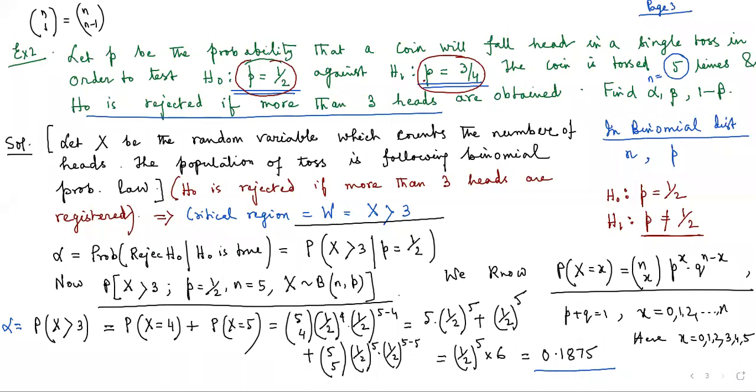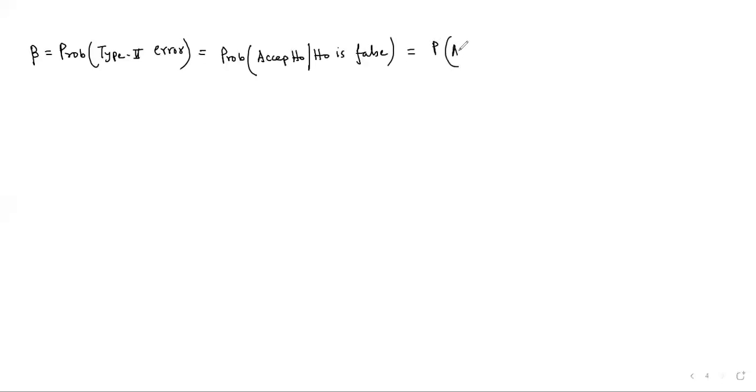Okay, so let us go to the next page. Next, I'm going to calculate the probability of committing type 2 error. So beta is the probability of committing type 2 error, which means the probability that we accept H naught when H naught is false, or the probability that we accept H naught when H1 is true.